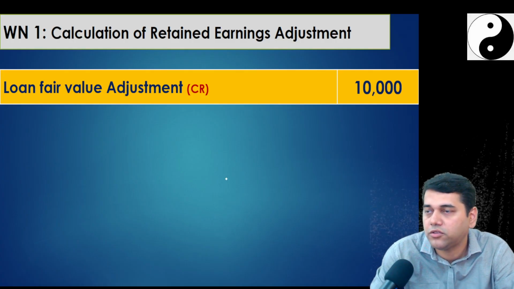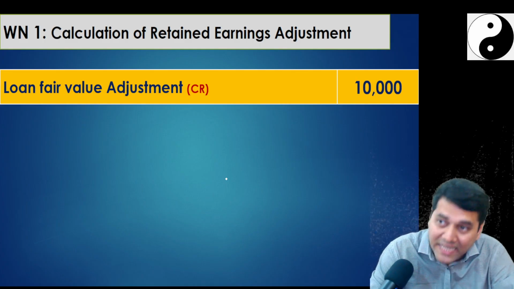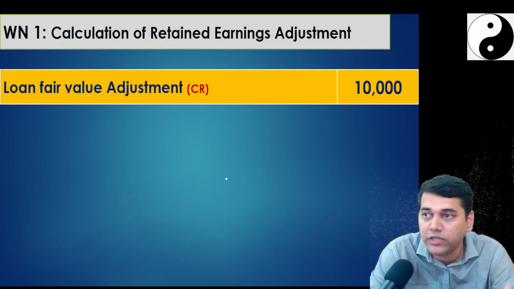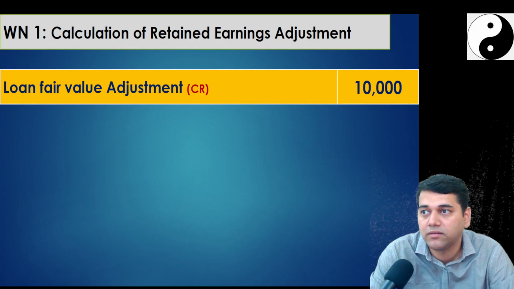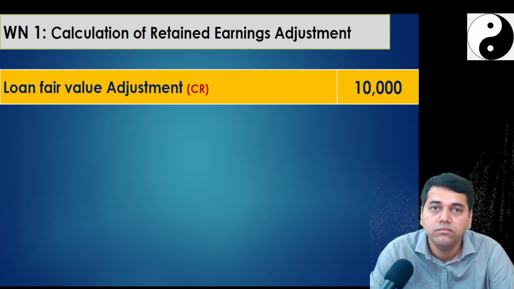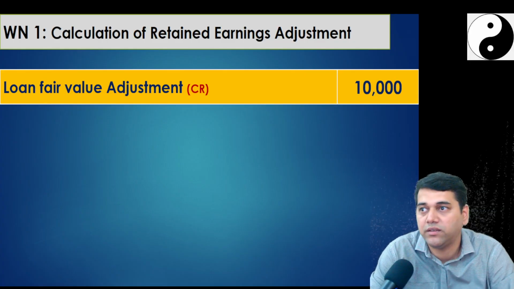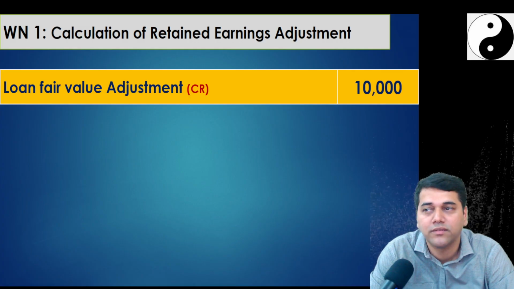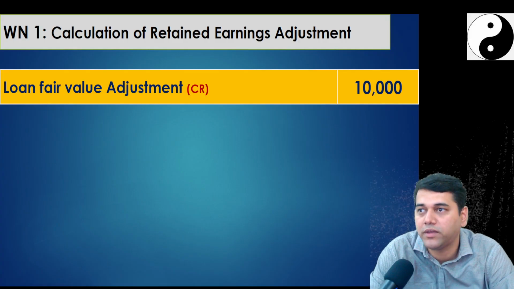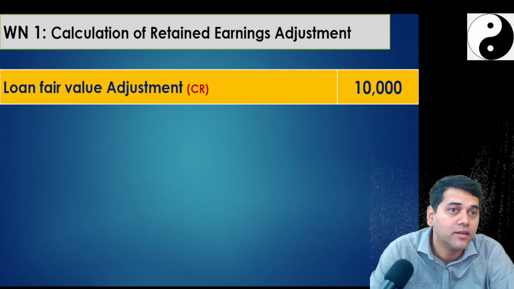So will you debit retained earnings or credit retained earnings? If it is a loan taken and the book value of the loan is going to increase, then you will credit. Is this loan given or taken? It is your asset. What is the book value? 40. Now 50. So what accounting entry are you going to pass? Debit what?